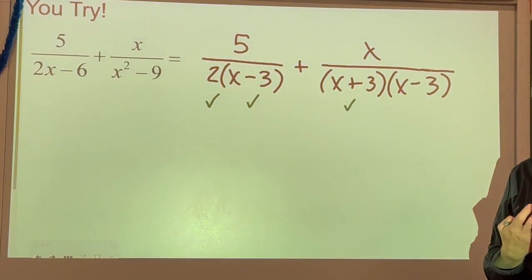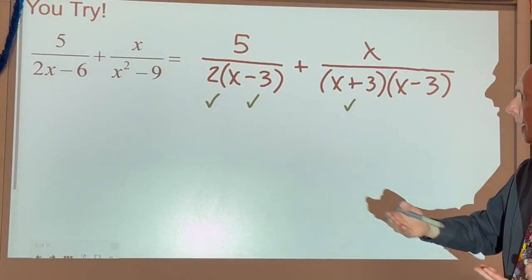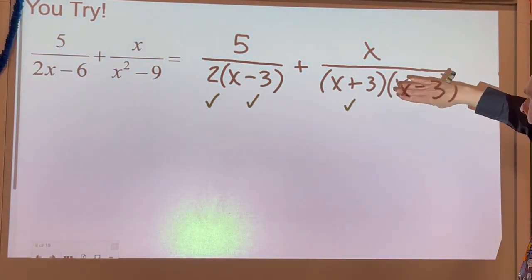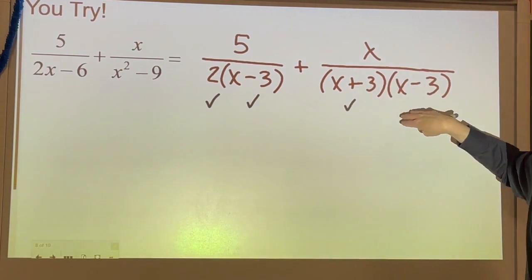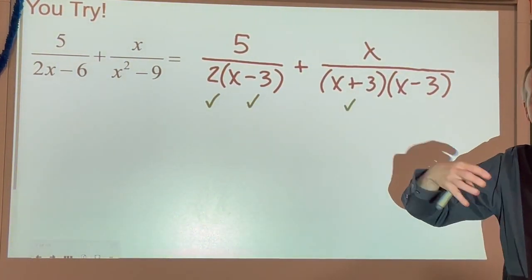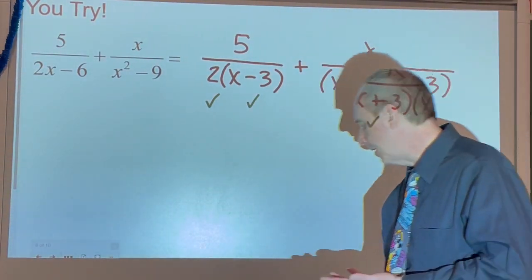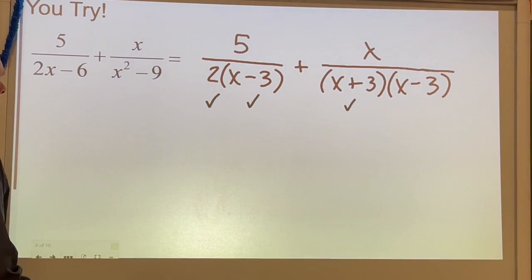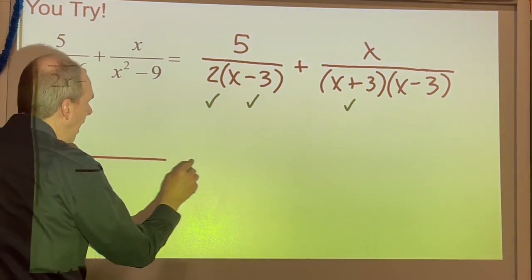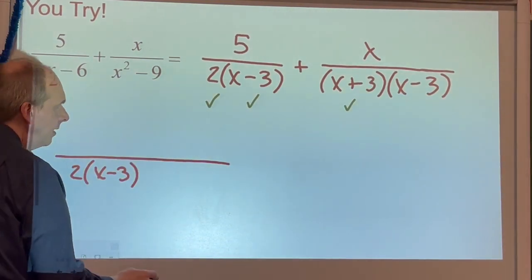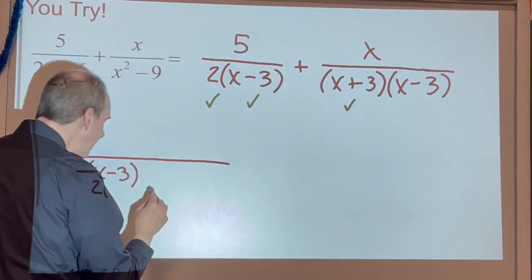So the 3 factors that I need to make that common denominator are 2 times x minus 3 times x plus 3. I don't need another one. It's already in common. When it's in common, they both have it. That's what it means to be in common.